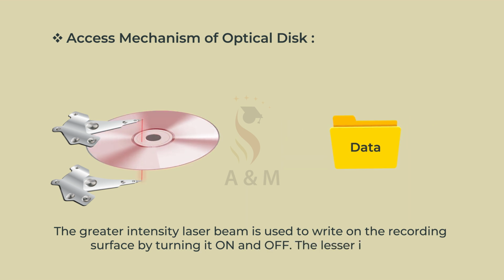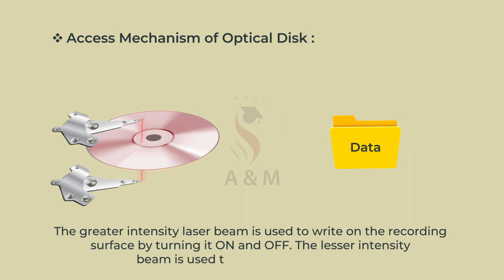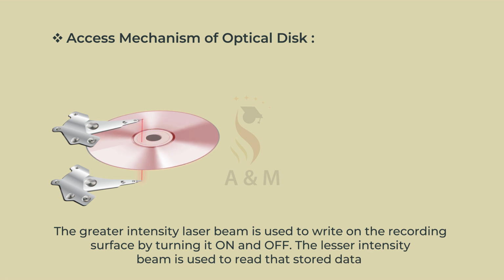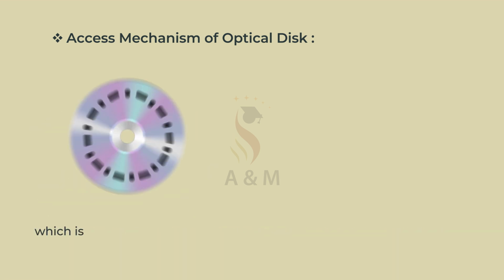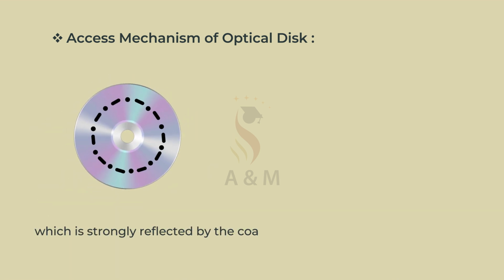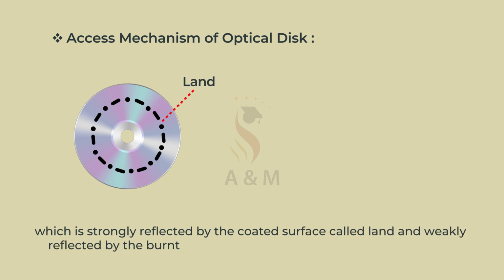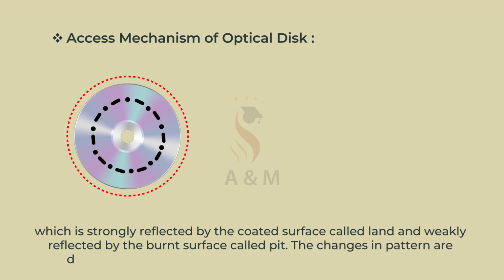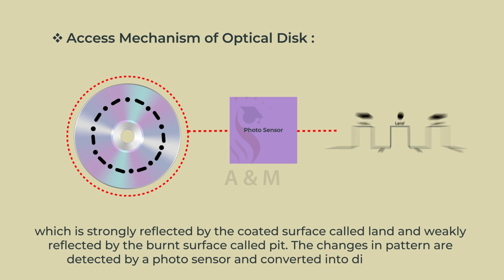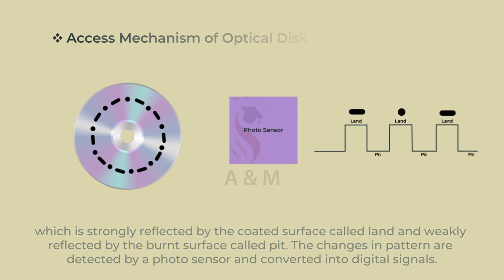The lesser intensity beam is used to read the stored data, which is strongly reflected by the coated surface called land and weakly reflected by the burnt surface called pit. The changes in pattern are detected by a photosensor and converted into digital signals.